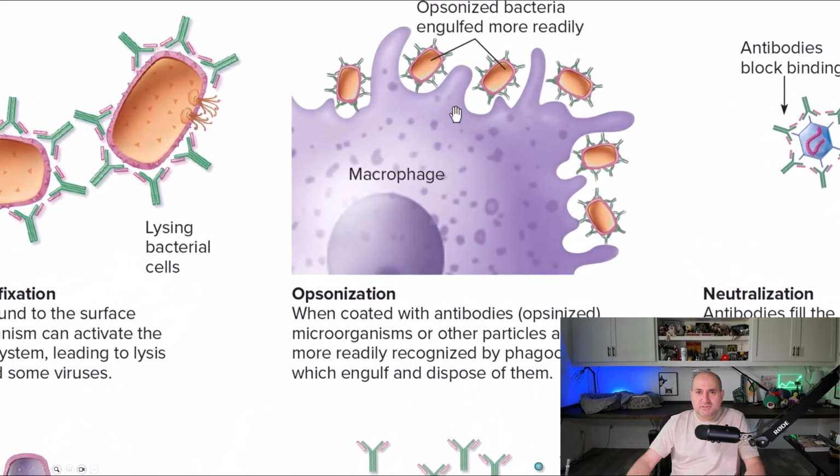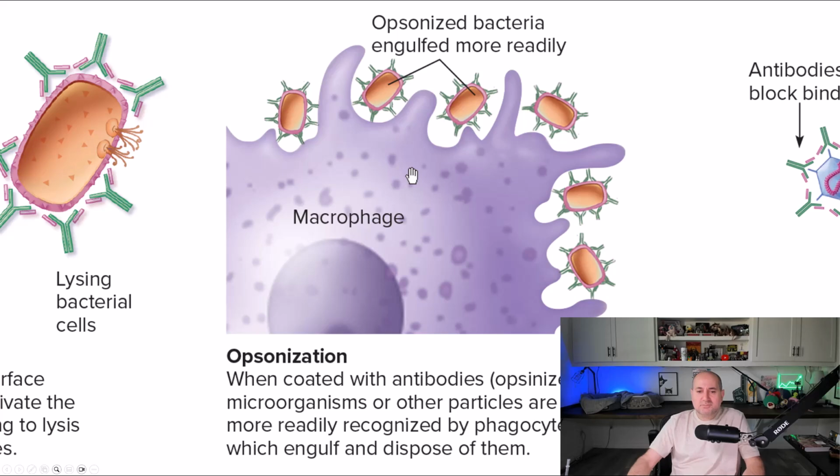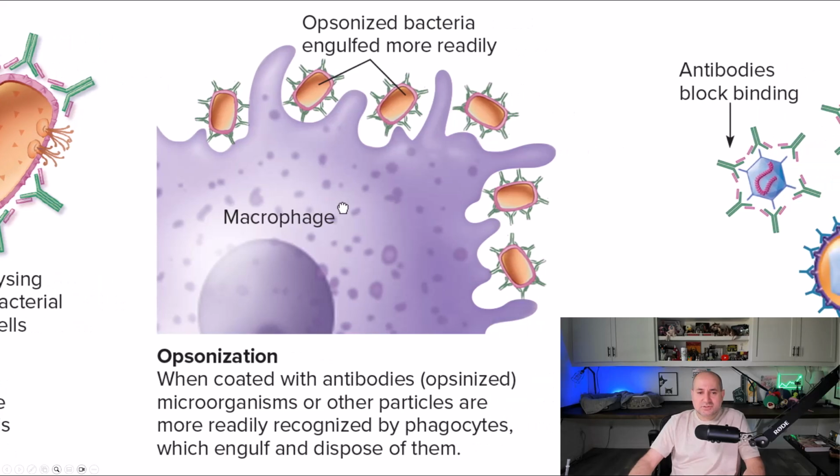We already talked about this one. Remember this term I wanted you to remember, opsonization. Take a look at this term, opsonization. Do you remember what that means? That antibody is going to stick to the antigen it recognizes. So imagine if there is a virus somewhere in your body and this antibody recognizes that virus, right?